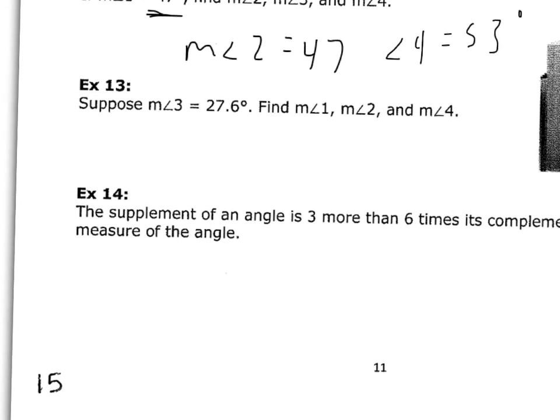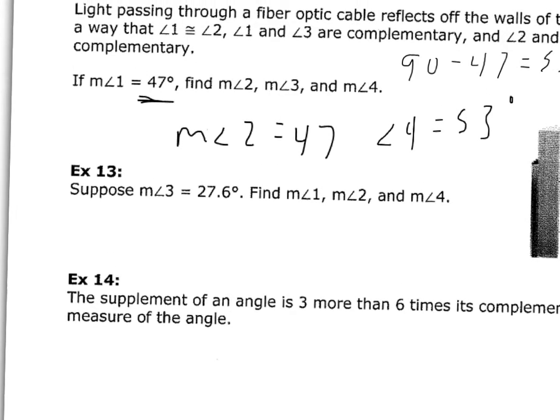Okay, number 13 says, suppose measure angle 3 equals 27.6 degrees. Find measure angle 1, measure angle 2, and measure angle 4. Okay, so it said that angle 1 is congruent to angle 2. Alright, we want to find all these angles.